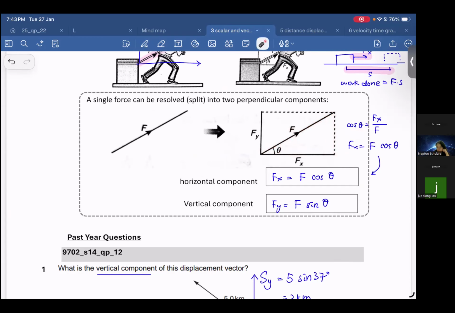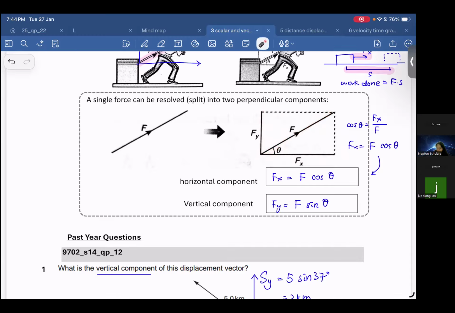Cos theta, because cos is TOA CAH, cos equals adjacent over hypotenuse. So Fx divided by F, where F is the hypotenuse here. We rearrange and find that Fx is F cos theta. And for the component with no angle here, we use F sine theta.